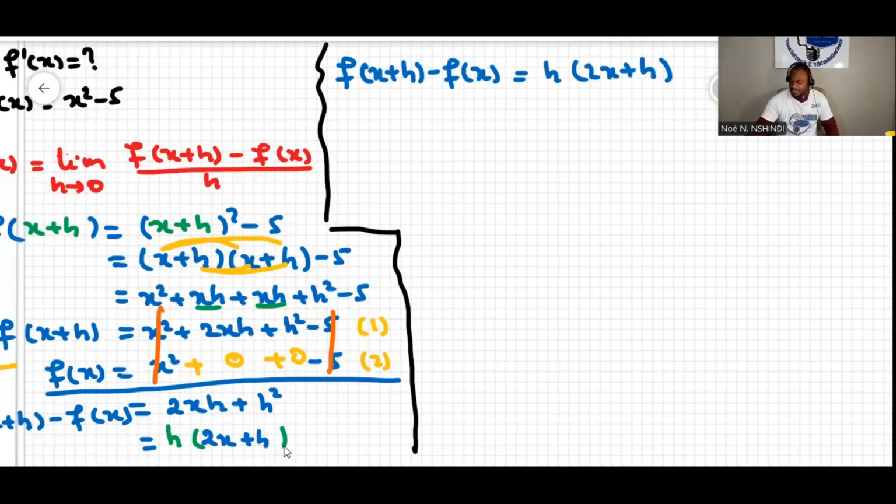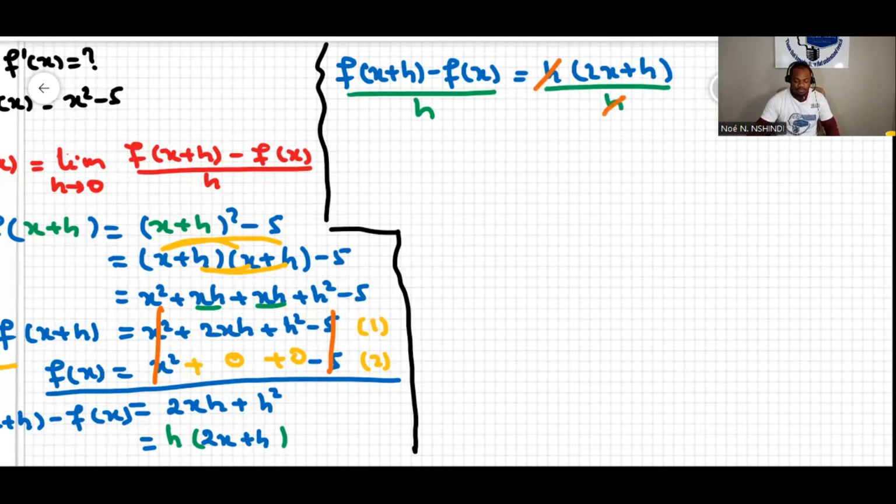This is the numerator of this fraction. Now we divide this by h, because it's over h here. I will also divide by h there, and then we can just simplify the h.